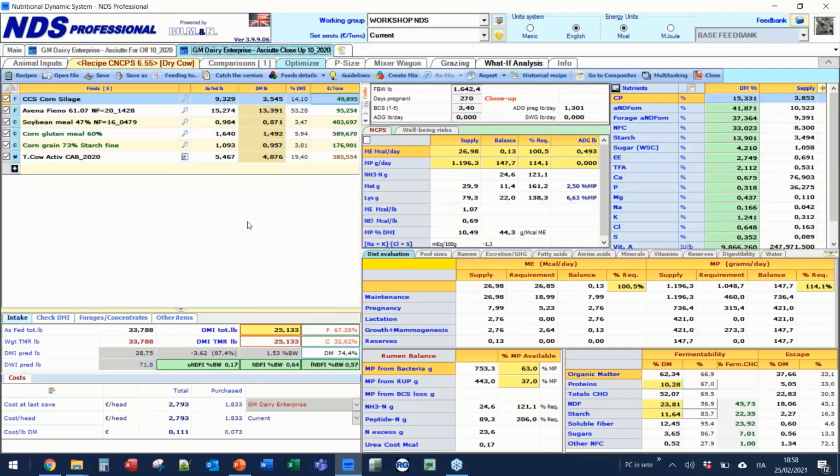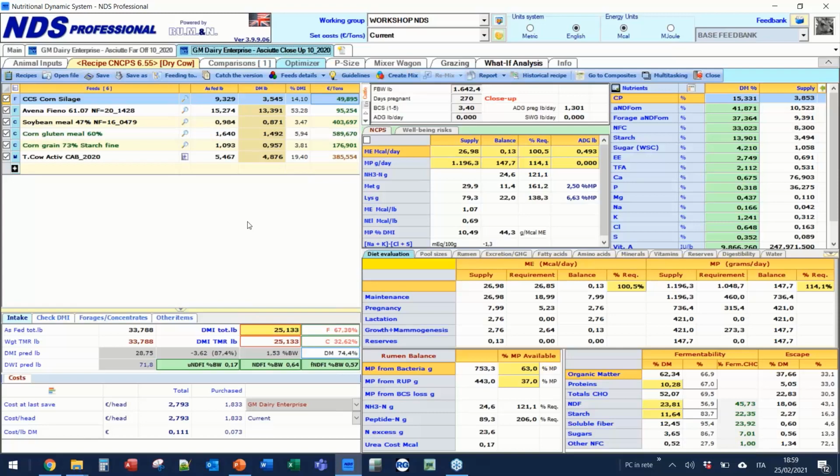supply suggested for metabolizable protein should be around 1,300 grams minimum, but in practice, we would like to stay close to 1,400 grams in order to consider that within the group, we have a variability in terms of intake.